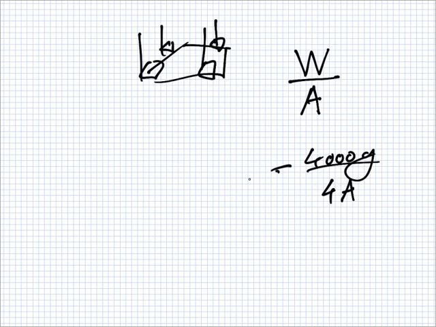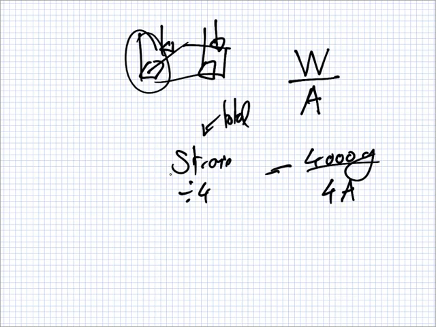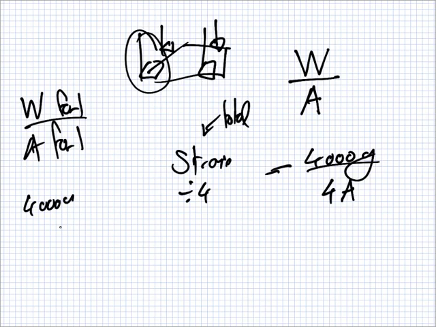And then when she got her answer, that was for the total, and then she divided by 4 to get one of them. What I was trying to do, which I screwed up, was the weight for 1 divided by the area for 1. So that would have been 4000 G divided by 4 over one of the areas. And we both should get the same answer.